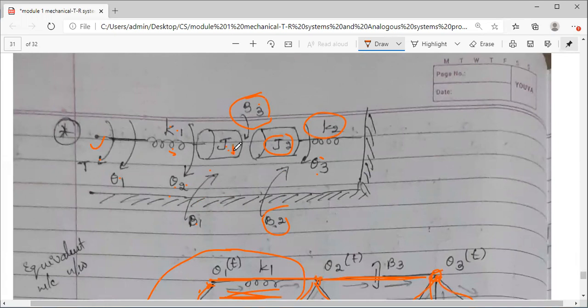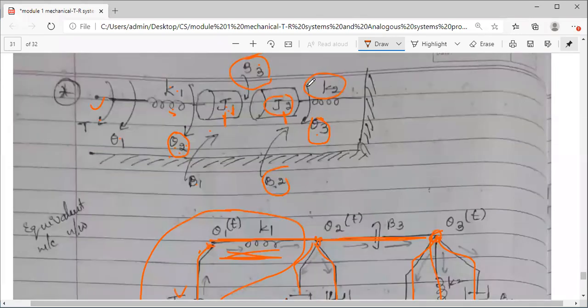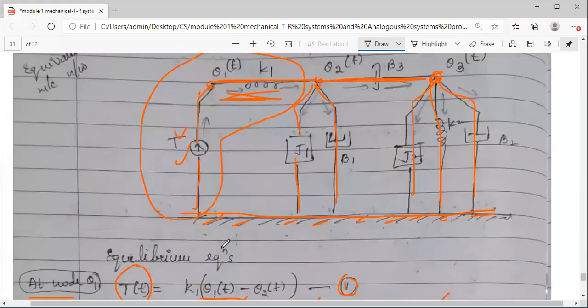If you have J1 here, it's not necessarily always that all the subscripts are the same, 1, 1, 1. Because the displacement is theta 2 and the moment of inertia is J1, and here it is J2 and the displacement is theta 3. So don't get confused. Every time it is not necessary that the subscript is the same. So 4 terms we get.